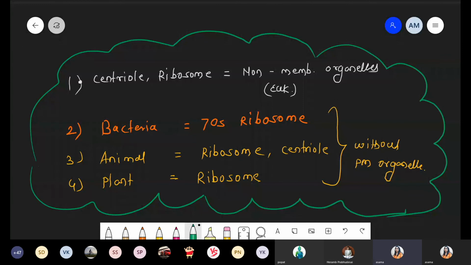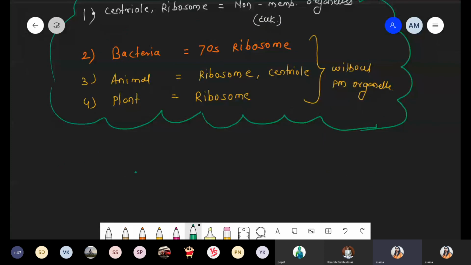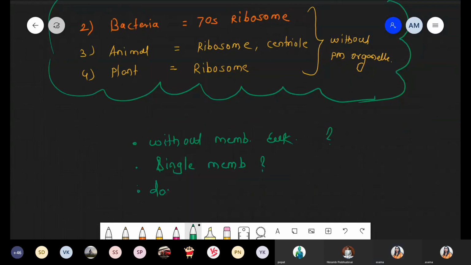So there is homework for you. Write down all the organelles: how many organelles are without membrane in the eukaryotic system? We already saw that. Now, how many organelles have a single membrane? And how many organelles have a double membrane? You have to find out the answers, and tomorrow during the class meeting you can share them in the chat box.